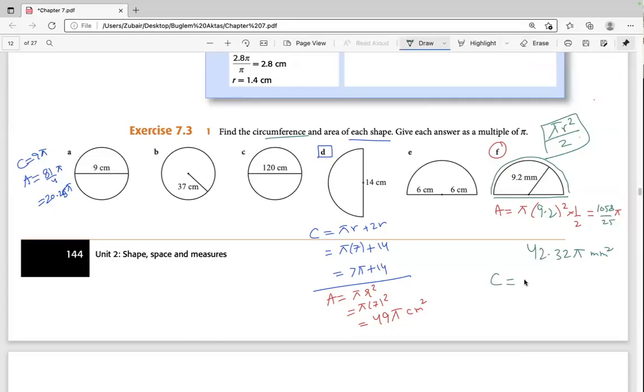So we do the 9.2 squared with the pi, and then we divide it. Yeah, this complete thing. Okay. And circumference is this.